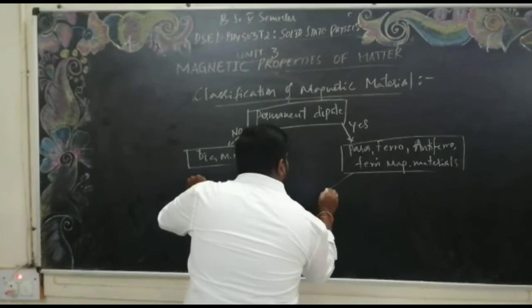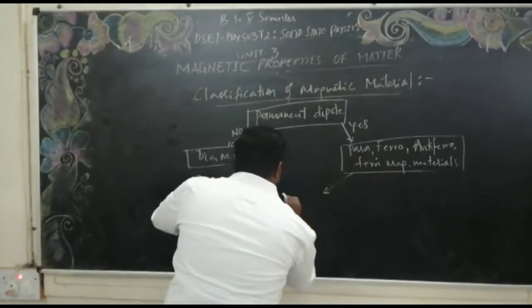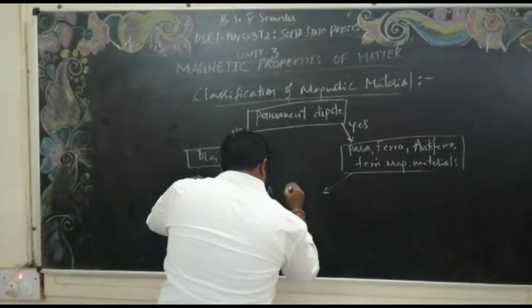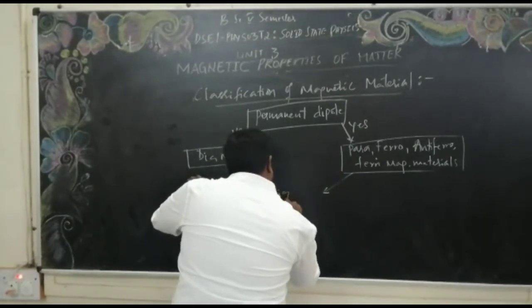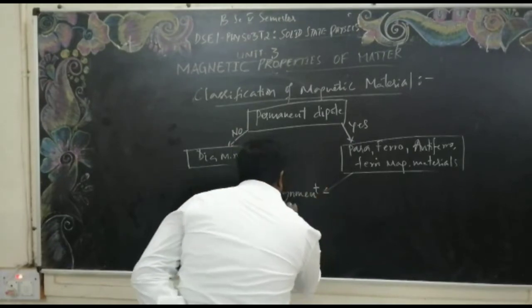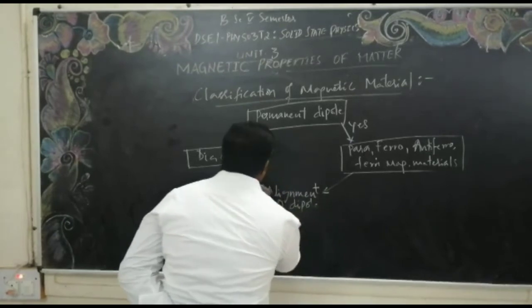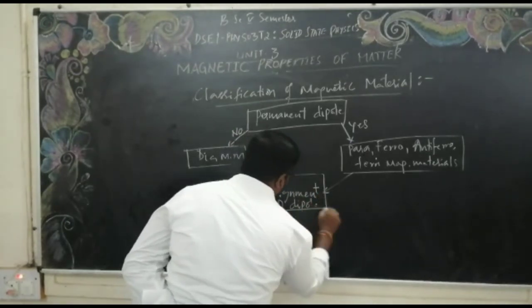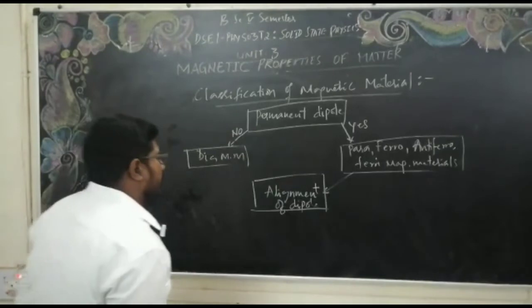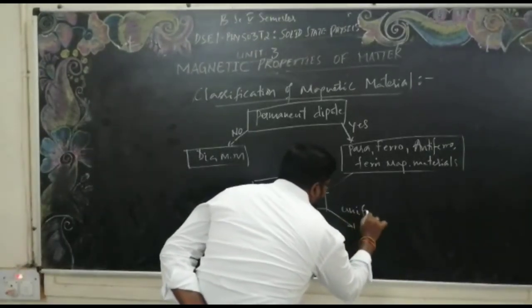Next, in the case of a material with a permanent dipole, what about the alignment of the dipoles? Is the alignment uniform, or is the alignment of the dipoles non-uniform?